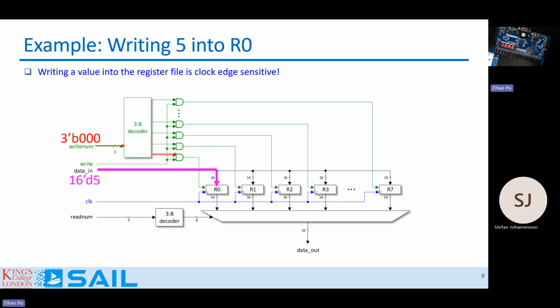The decoder will decide which register to write, and you will have a write signal to tell the register file that I am going to write in the register. When the clock comes in, the register will update based on the current signals. So after this clock, the output value of this register will also be 5.